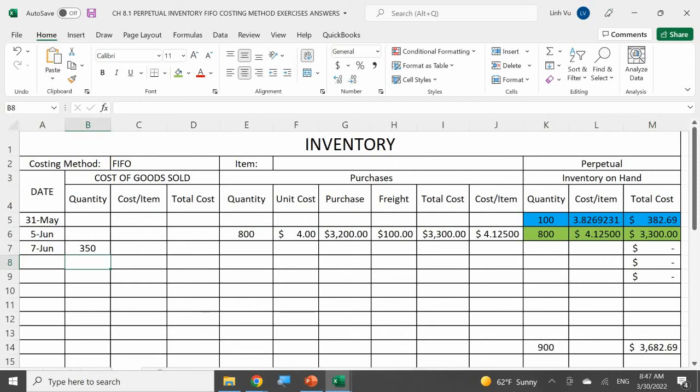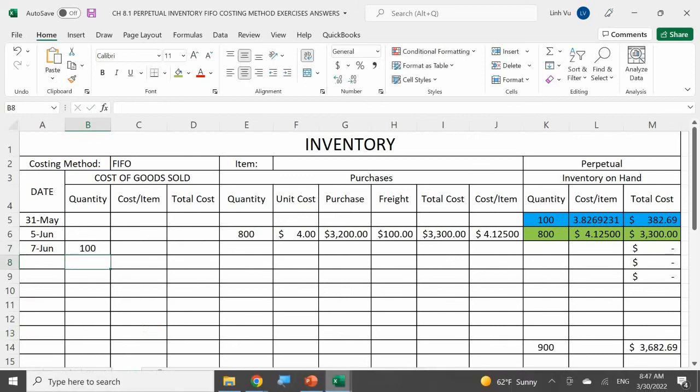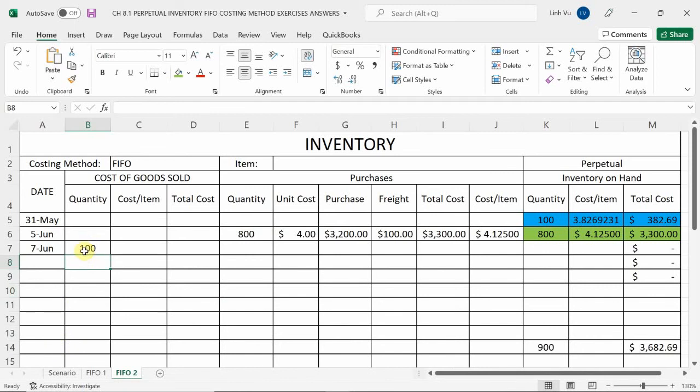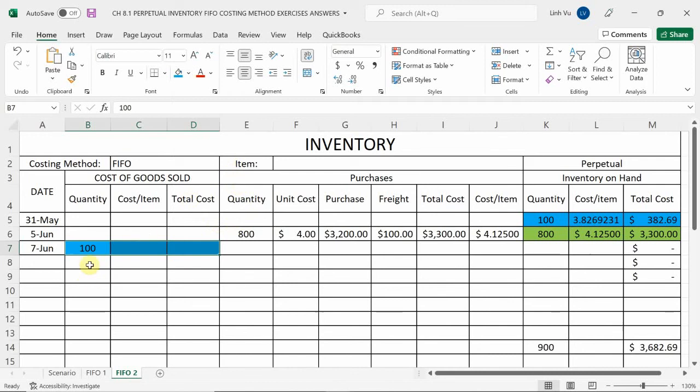We're still using FIFO, so we're going to get rid of our first 100 first. So in this case, we're going to get rid of the blue, right? And then we're also going to need to dip into green, right?